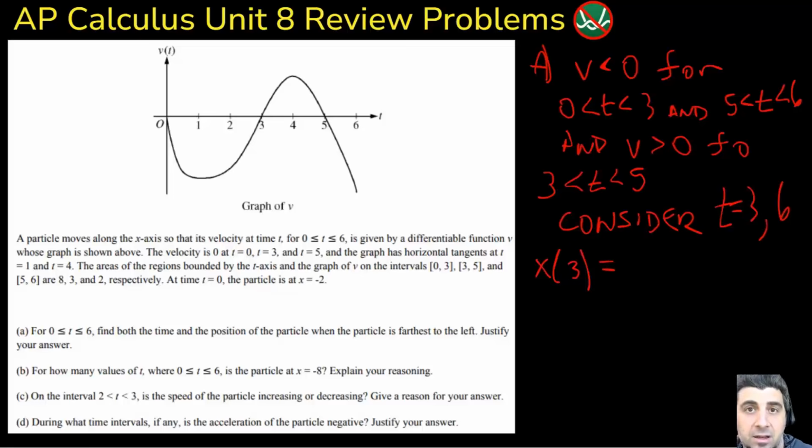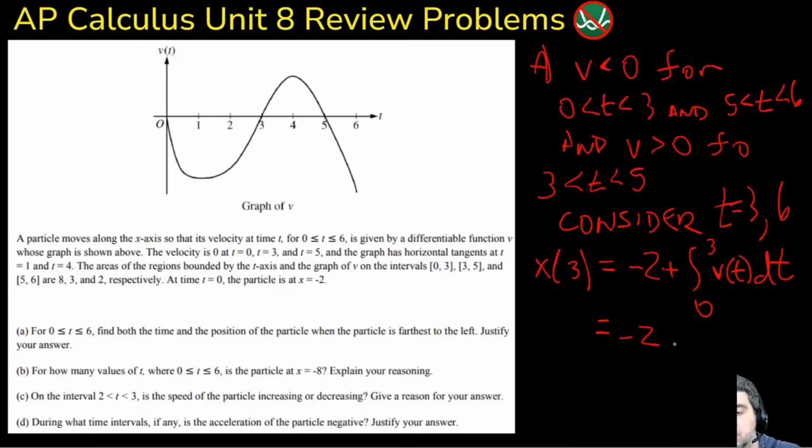Now remember, to find the position, you need to take the initial position plus the change in position. So the initial position is negative 2 plus the integral from 0 to 3 of v of t dt. So that's going to be negative 2 minus 8, which is negative 10. We know that this region here has an area of 8, so its change in position, since it's below the t-axis, is counted as 8 units to the left.